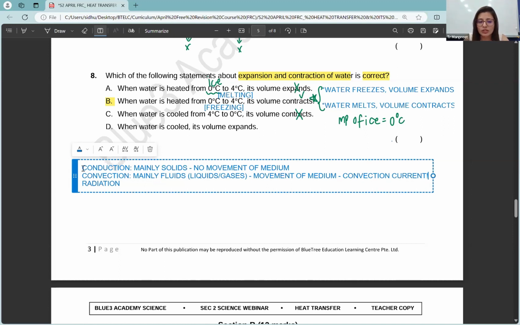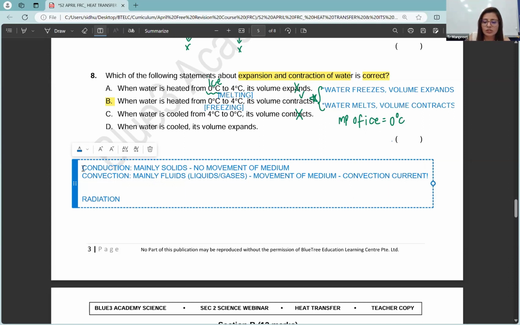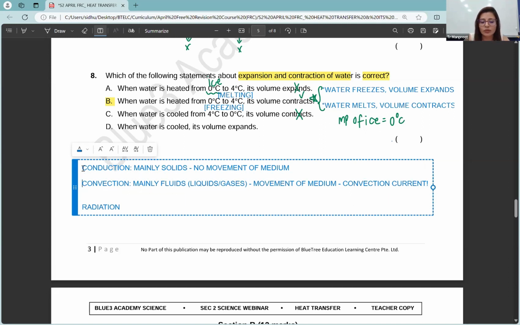So let's just quickly go through. Convection current, how does it happen? Very simple. We know that the fluid, it can be liquid or gas, gets heated up. When the fluid gets heated up, it expands, and then it rises.